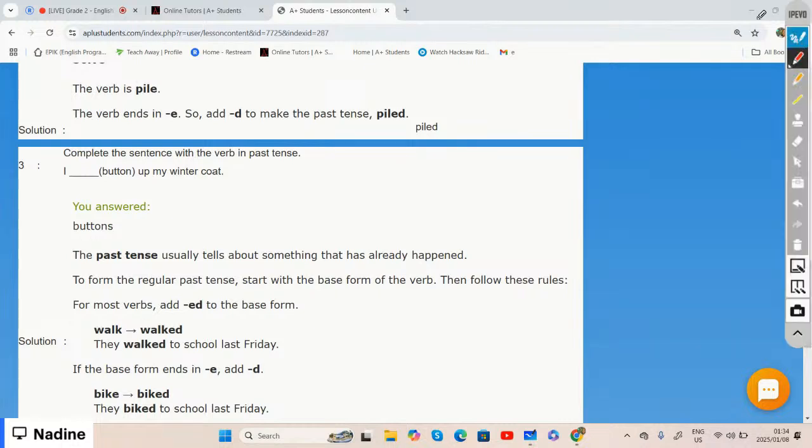Because all we do is we add an ED to that word, buttoned, to show the past tense.